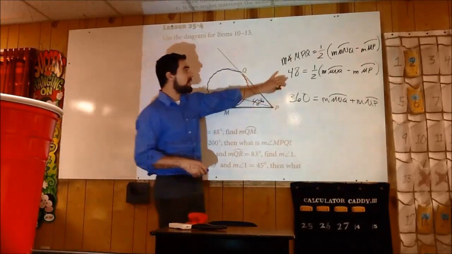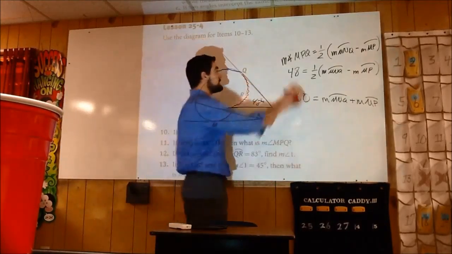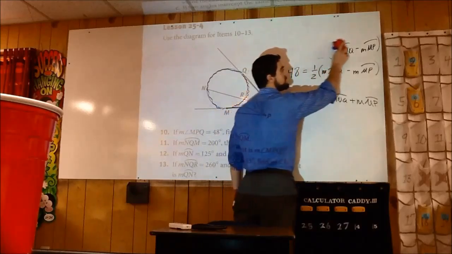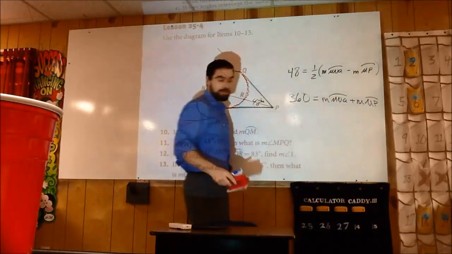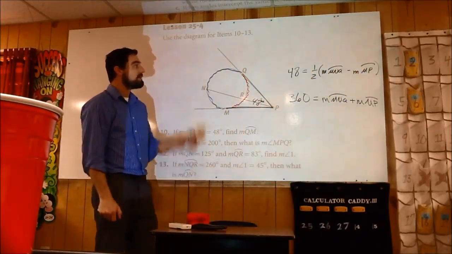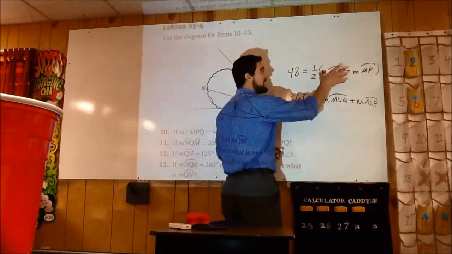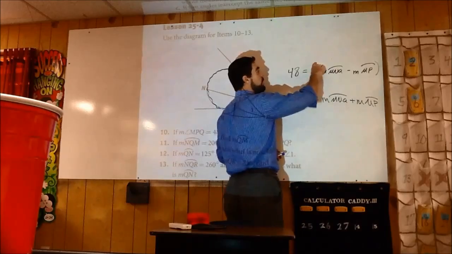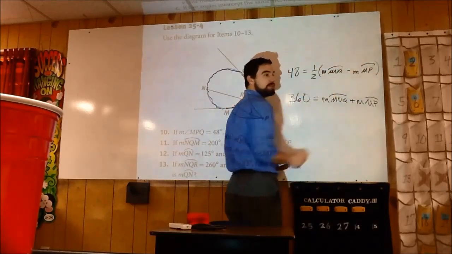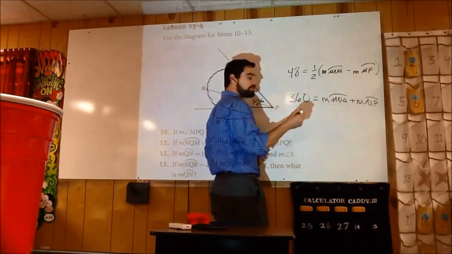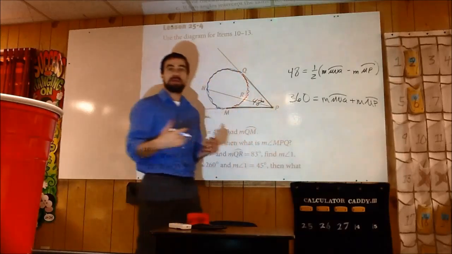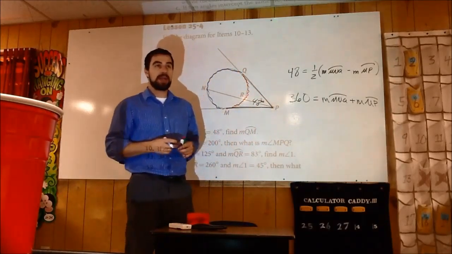I'm going to manipulate our first equation a little bit, because this is the first equation, but we just plugged in 48, so we don't need that anymore. Right now, the right-hand side is currently being multiplied by 1/2. This expression is being multiplied by 1/2. So I'm going to divide both sides by 1/2.